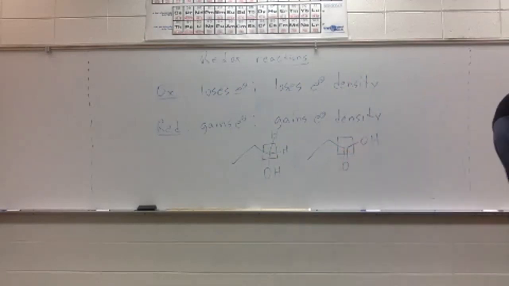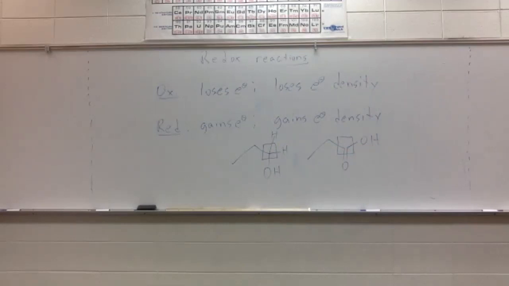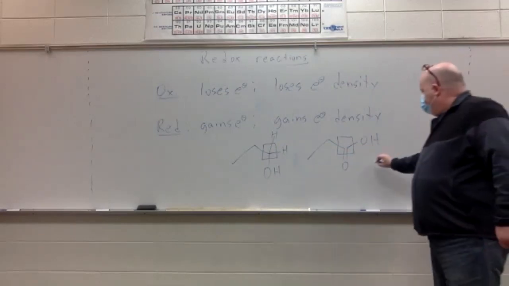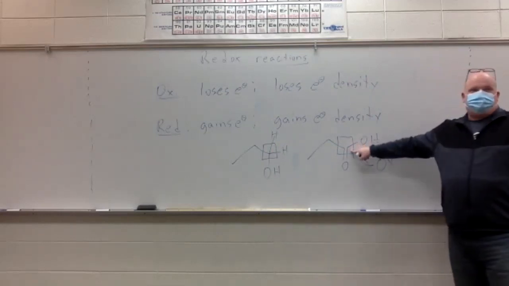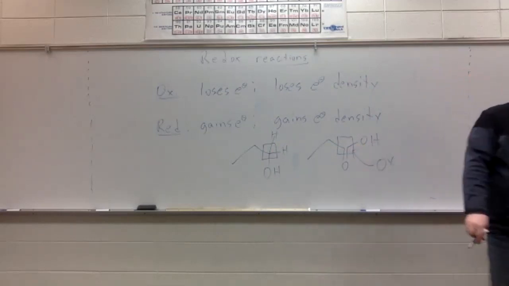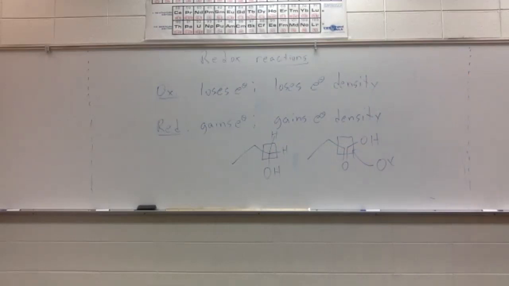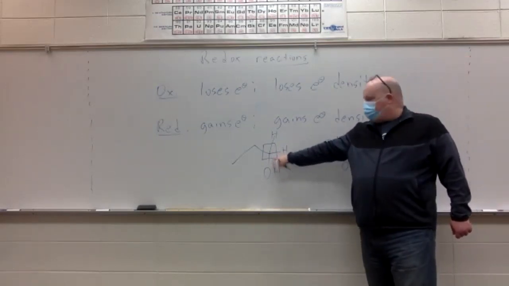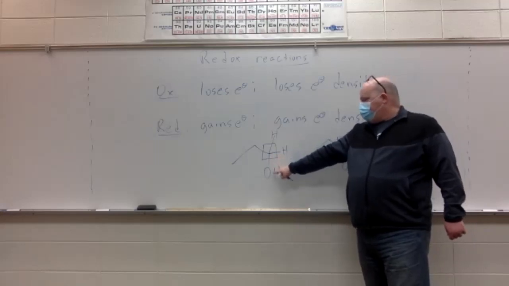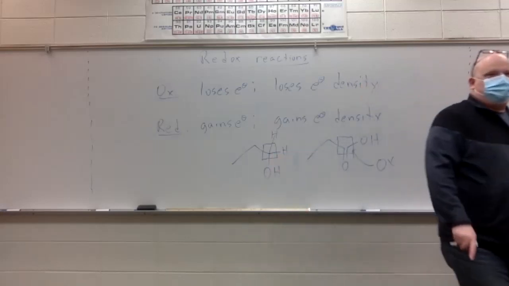So the same number of electrons. However, I can tell you this is the more oxidized carbon here by far. Why is that one more oxidized? Yeah, this carbon right here has exactly 1 bond, or 2 electrons, shared with something electronegative, right?